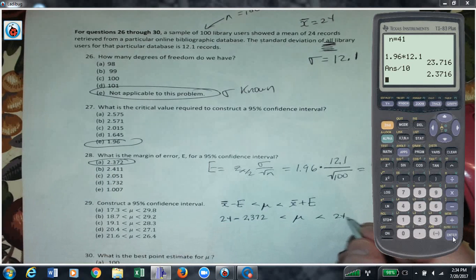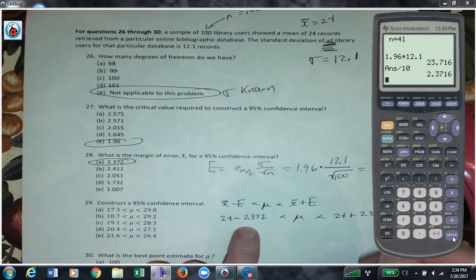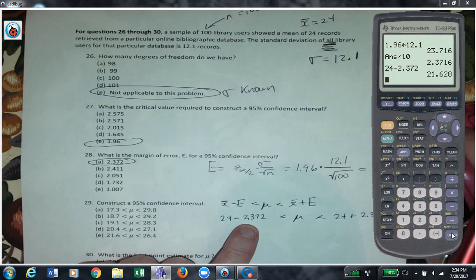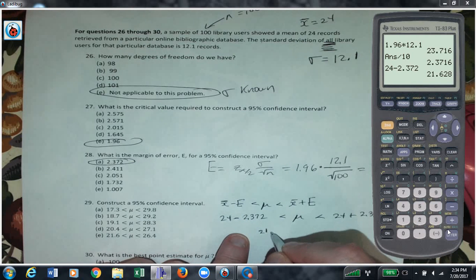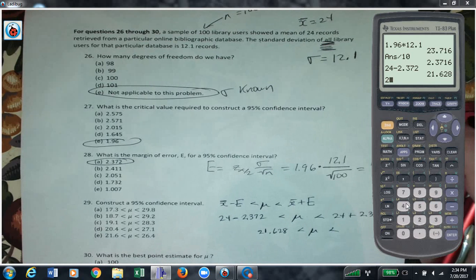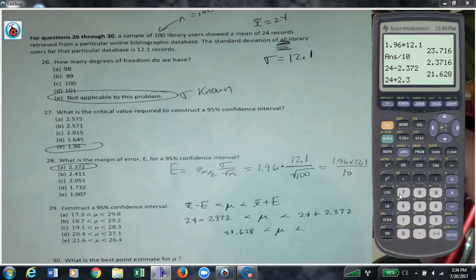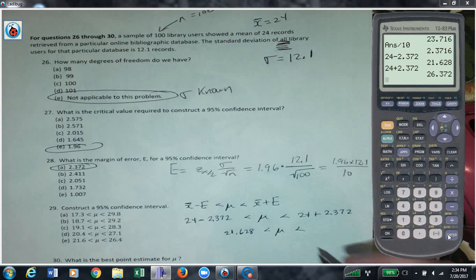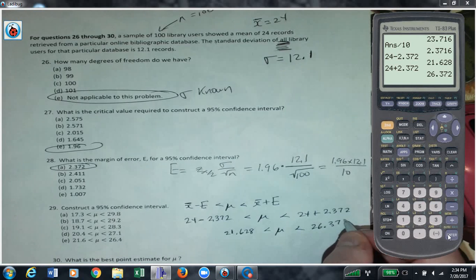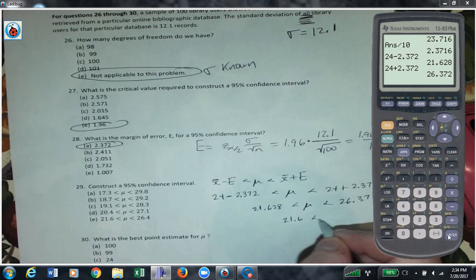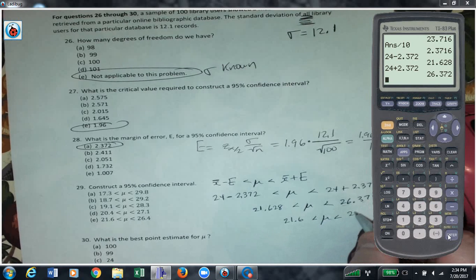And my upper one is 24 plus 2.372. These are all taken to 1 decimal place, so this one is 21.6, and this one is 26.4.